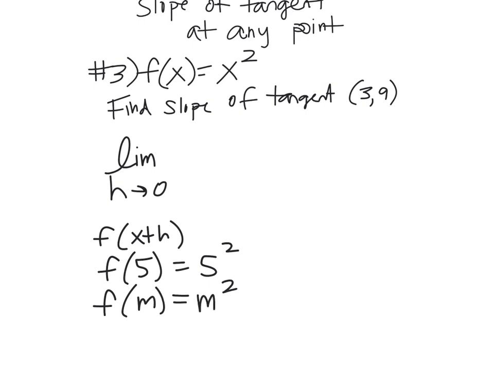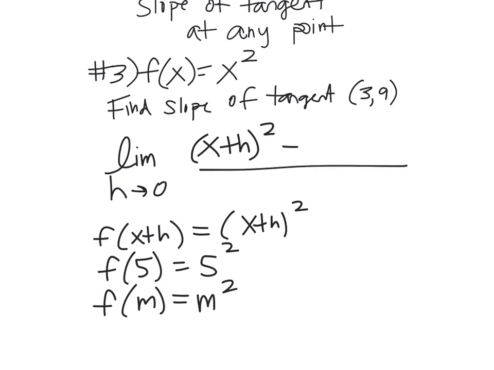So what if I ask you what f of x plus h is? You plug in x plus h and you square it. So f of x plus h is (x plus h) squared. That's the hardest part of this whole thing. And then minus f of x, which is always going to be the function they give you, all over h.